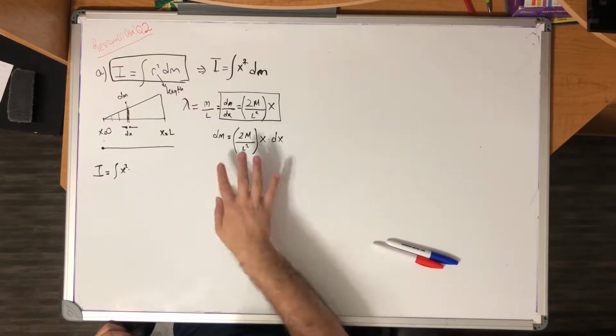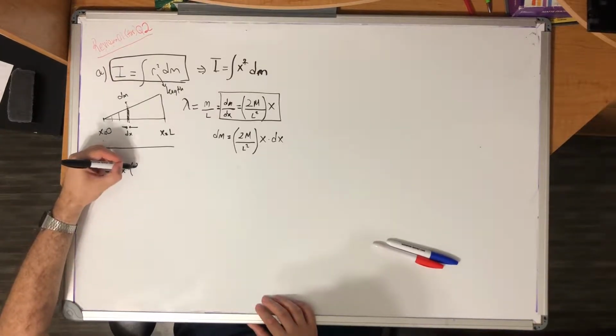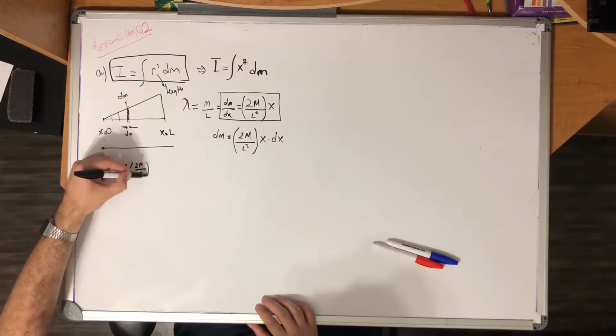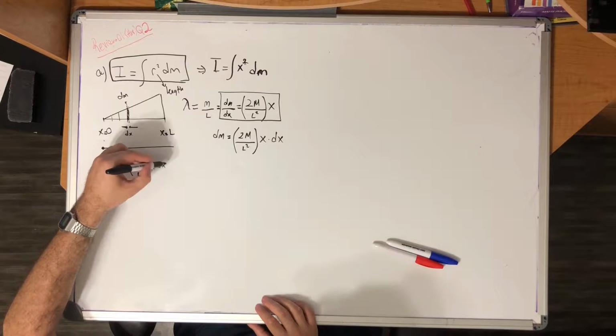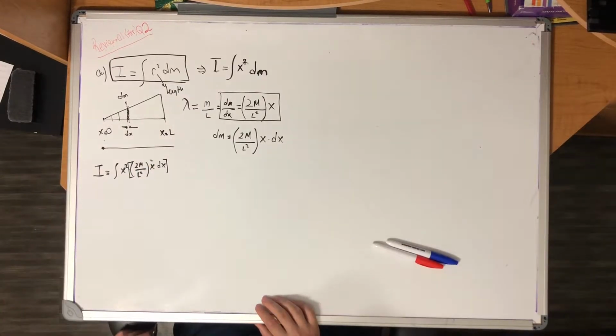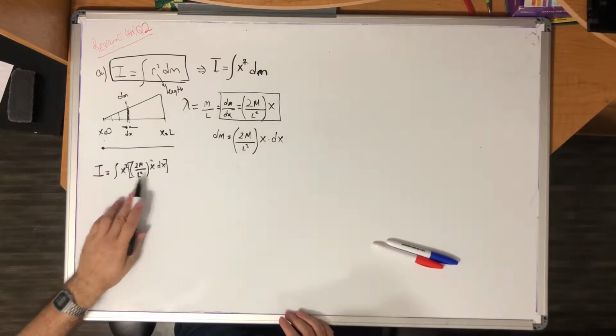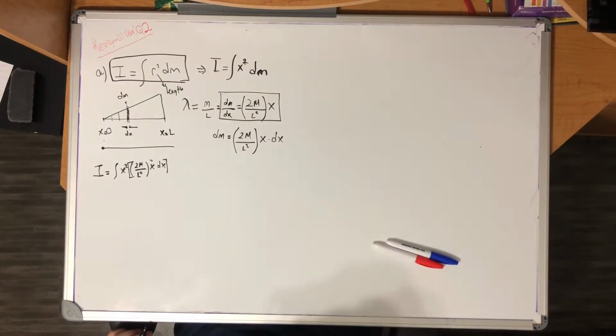If I replace it, I'm going to have an integral that I can solve: 2M divided by L squared times x dx. That was my dm. So I just replace dm. Now I have a variable x and dx, which means I can solve that integral.